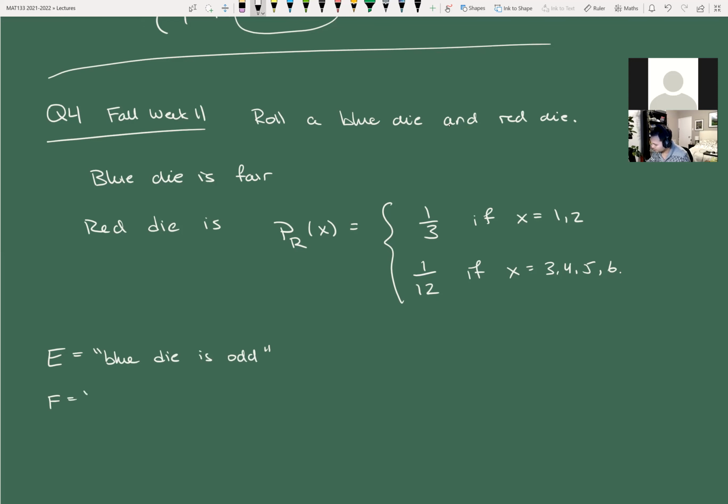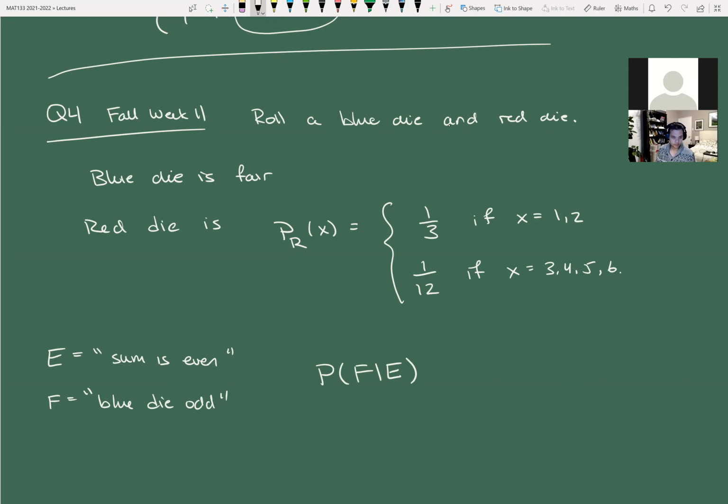And F is the event that the sum is even, and the blue die is odd. Okay, does that sound like a good question? Will this satisfy the loaded die, biased die question for those of you looking for it? All right, let's compute the probability of F given E.